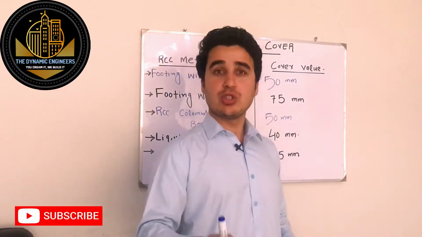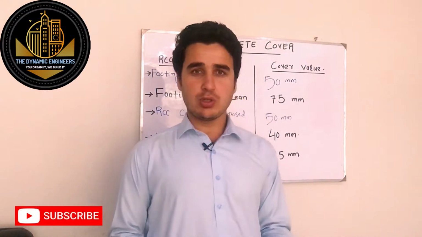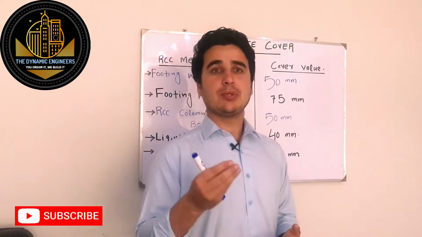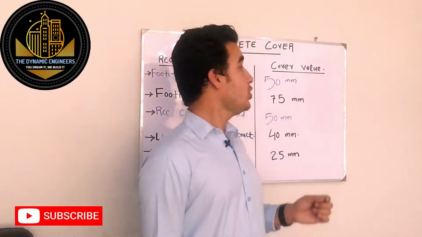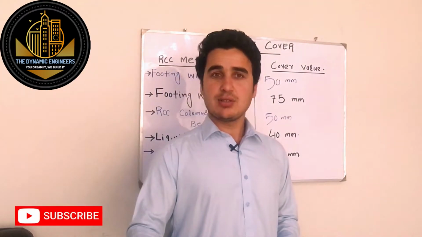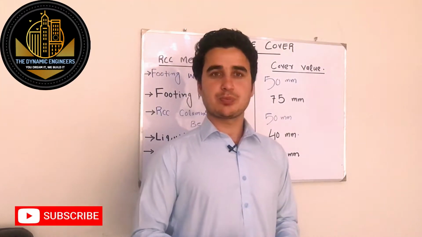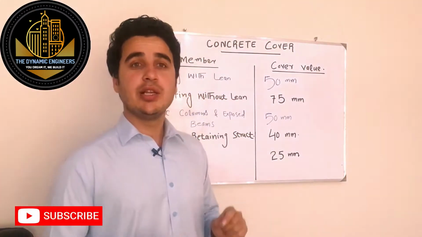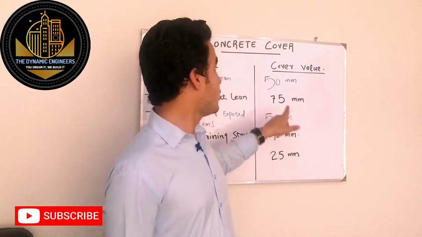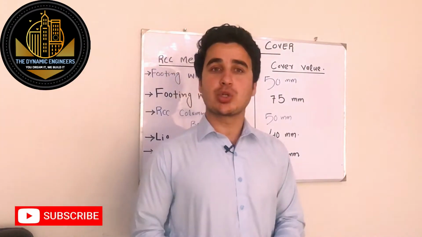You may know about lean concrete: before laying the footing steel, we use lean concrete for a clean and smooth surface. So if you have used lean concrete before laying the footing steel, you will have to use 50 mm of concrete cover.